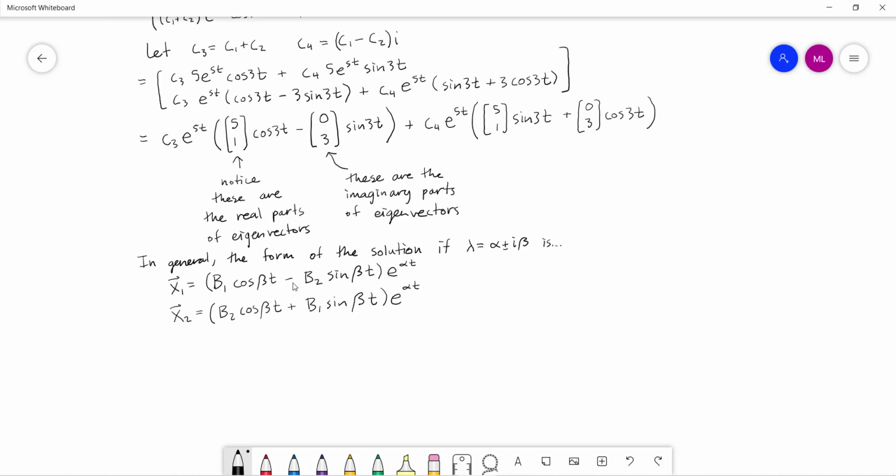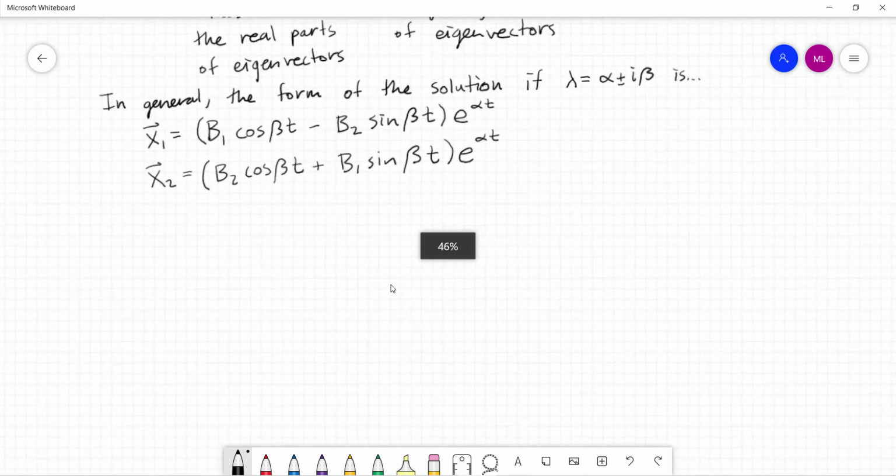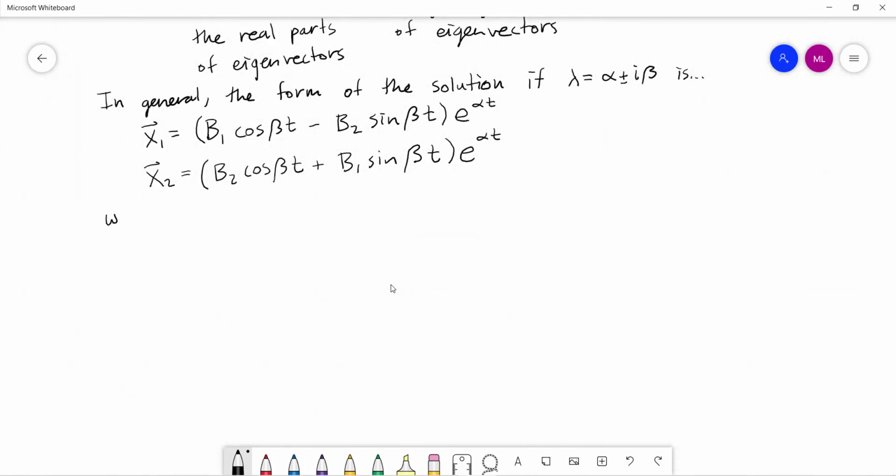So notice the signs flip on the sine terms. All of this is where our b1 is just the real parts of our eigenvector, and b2 are the imaginary parts of that eigenvector.